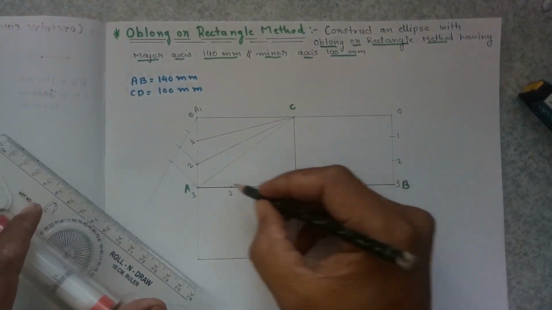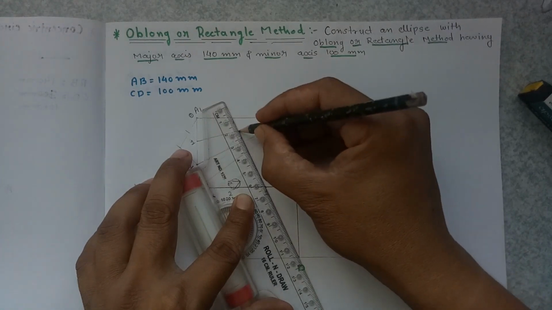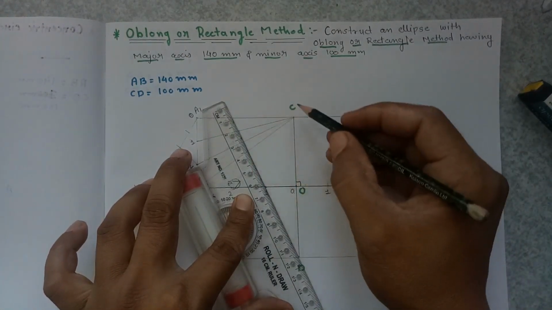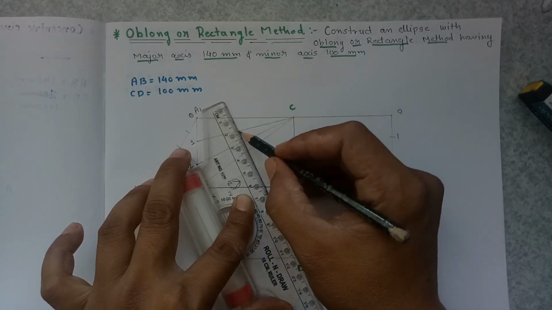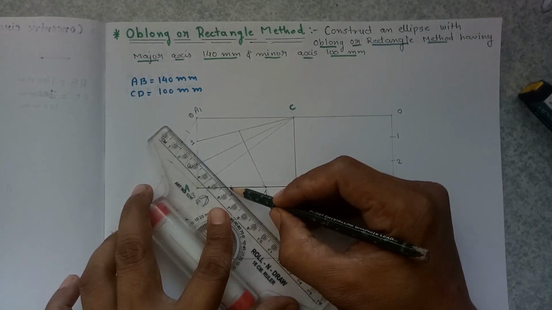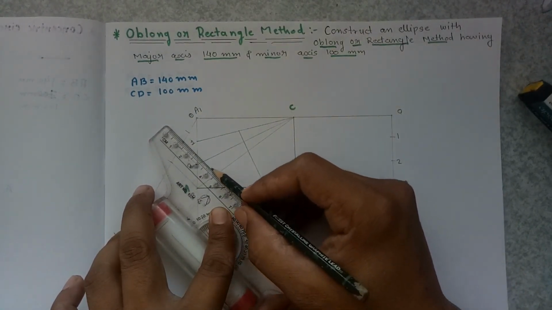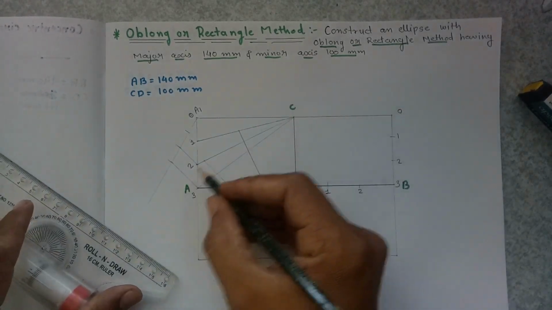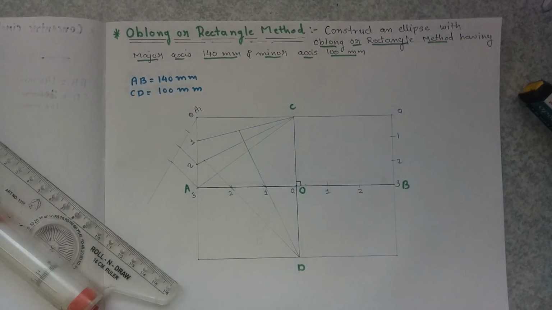Join this 1 2 3 to point D and extend this line up to the intersection point of the line C1. D2. Extend this line up to the line of intersection to find the intersection at line C2.